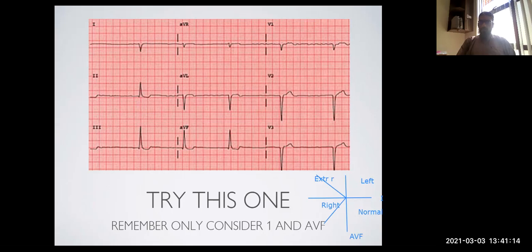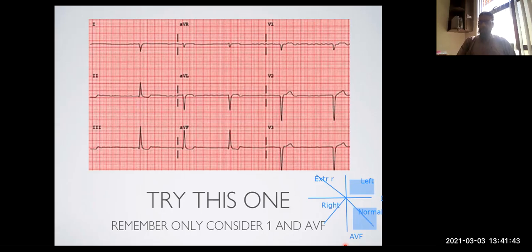We know for sure that it cannot be in the left, and we know for sure that it cannot be normal, because if it was there, lead 1 would be pointing upwards. So let's have a look at lead AVF. Which way is lead AVF pointing? Lead AVF is pointing positive, upwards. So electricity must be coming towards lead AVF, which means it is either in that direction or in this direction.